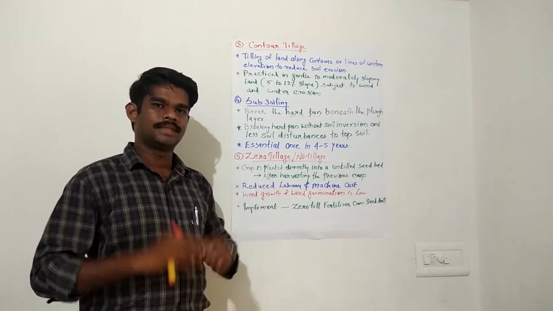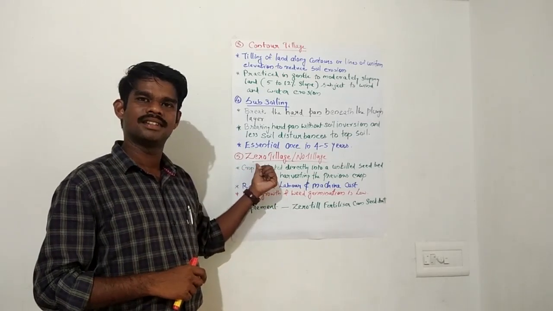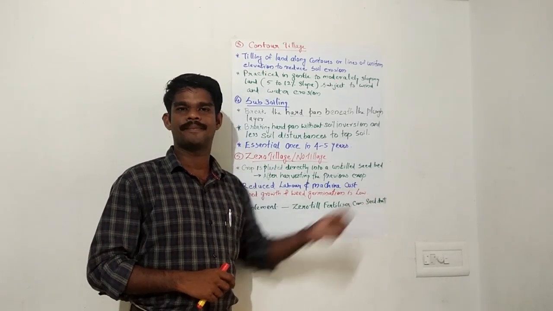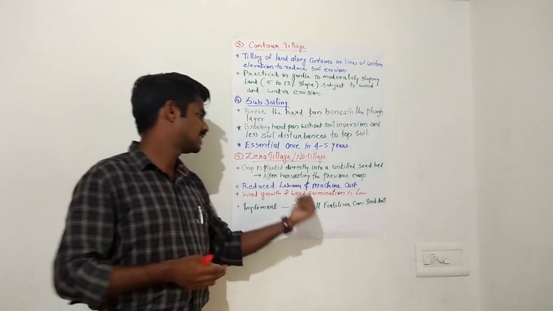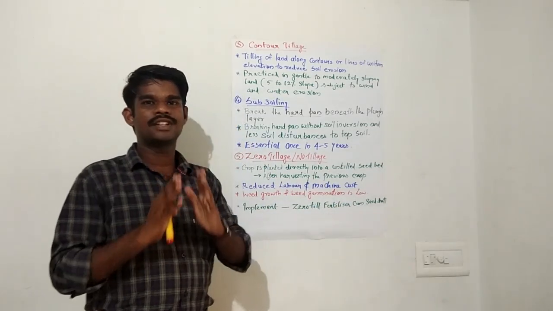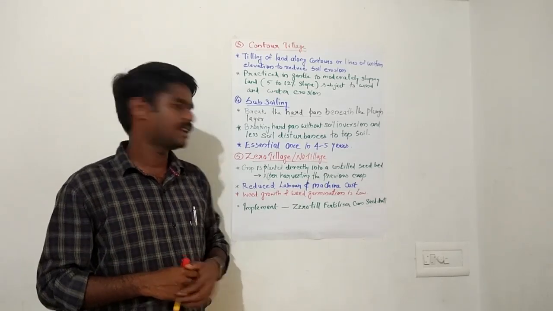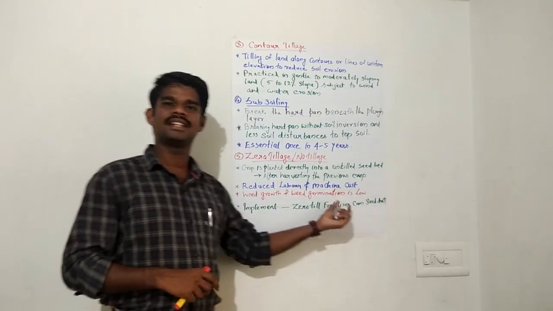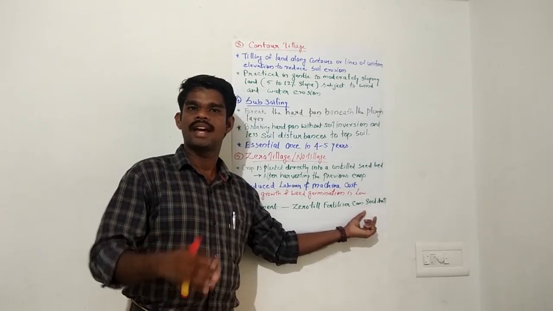The implement used in a zero till system is a zero till fertilizer cum seed drill, because there is no tillage operation, and the furrow openers of a zero till seed cum fertilizer drill are of inverted T shape. So there is not much soil manipulation, and by using a fertilizer cum seed drill, the seed and the fertilizer can be placed in the soil at a time.